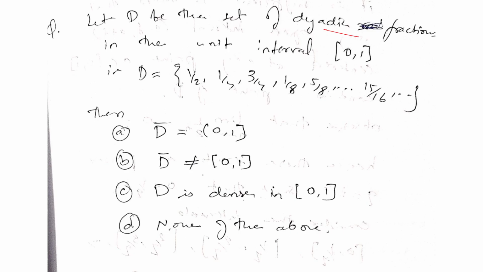How by definition of dyadic fractions? How can we prove that if it is option C, then D is dense in [0, 1]?